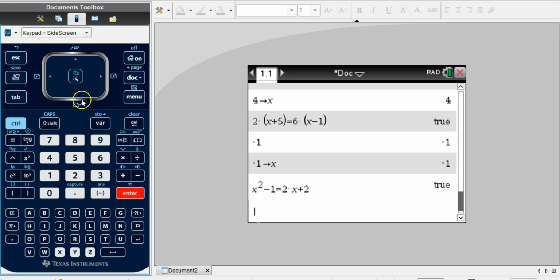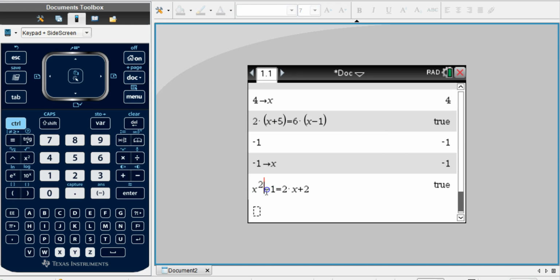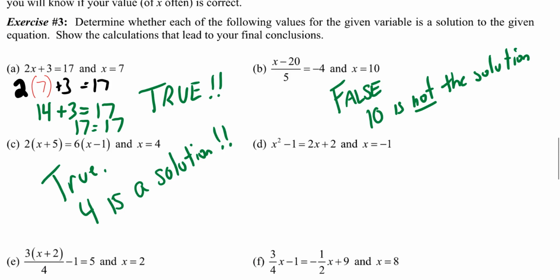Make sure you're doing minus 1, not negative 1. And this has got to be a negative 1 here. X squared minus 1, not x squared negative 1. True. What does this mean? True. -1 is a solution.